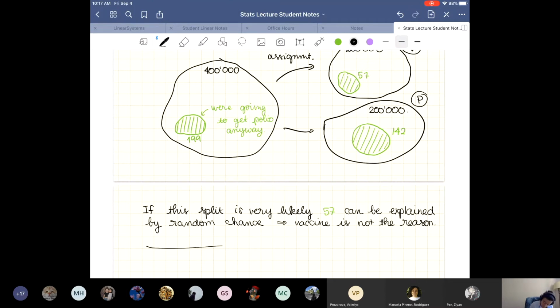But if the split is very unlikely, then the 57 is not likely to be explained by random chance. So the 57 is not explained by random chance.